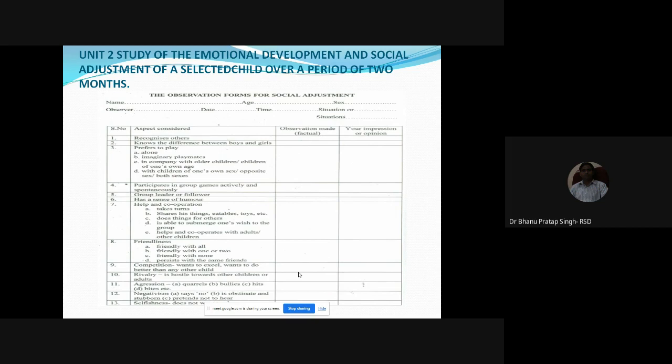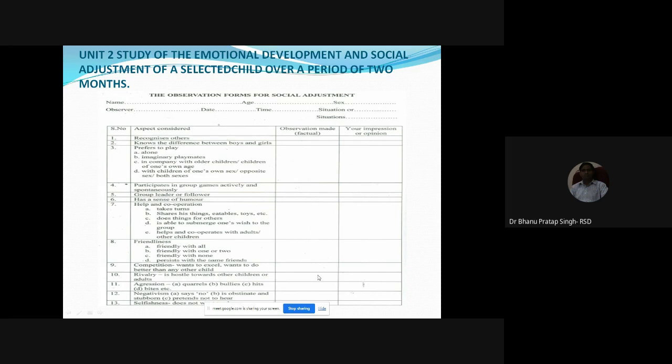These formats may be very helpful for completing your project or activity. Yesterday I already discussed in detail in which block how much activity you have to complete to be successful in this particular course, that is MES-085.